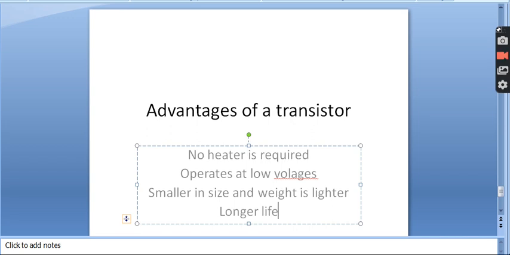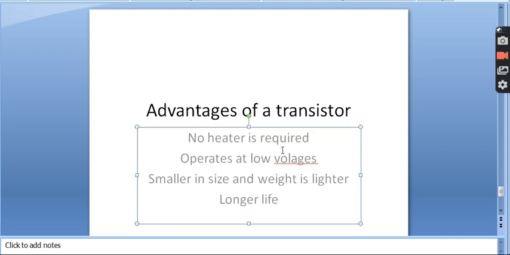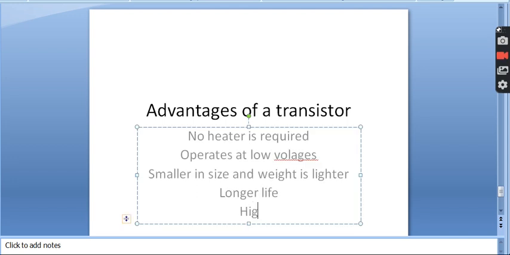Another advantage of this transistor is high efficiency. Why are we getting high efficiency?